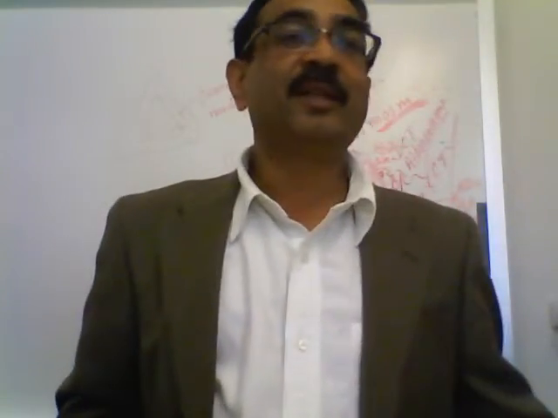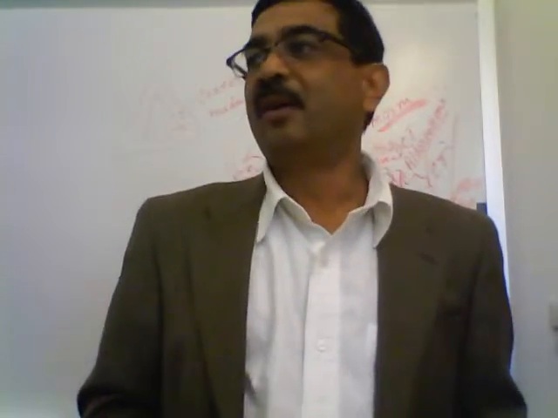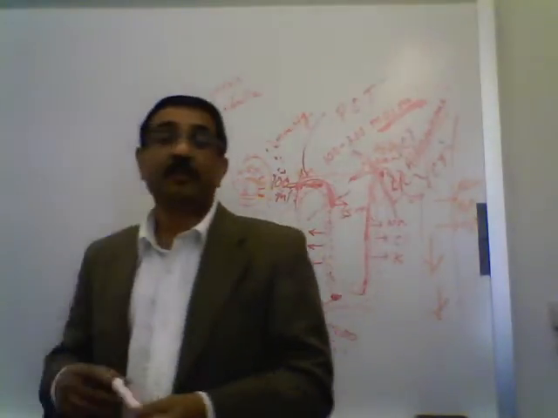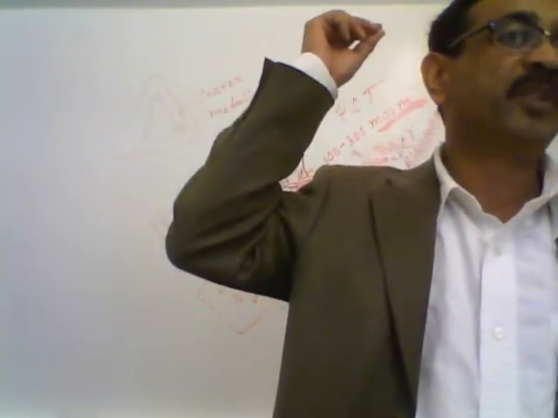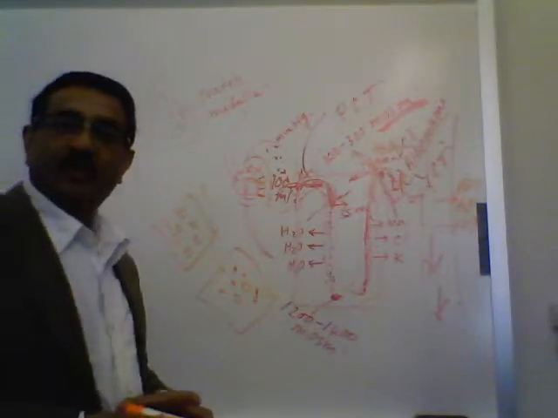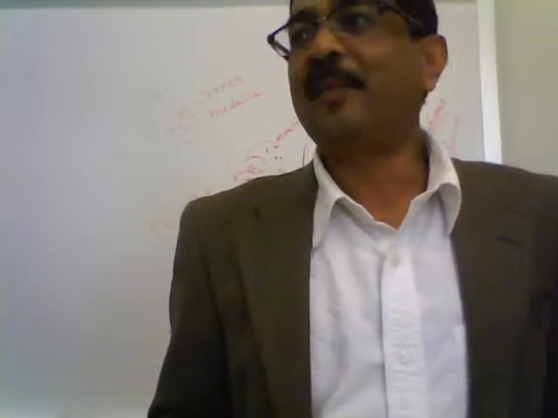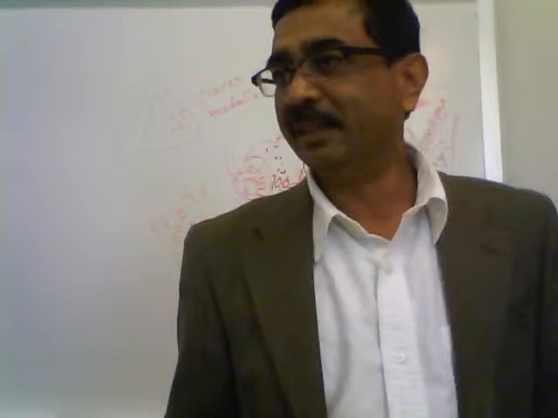Now there is a clinical condition that is called diabetes insipidus. What happens in diabetes insipidus? It usually happens due to the destruction of the posterior pituitary due to tumor or cancer. When that happens, the posterior pituitary cannot produce ADH, right?